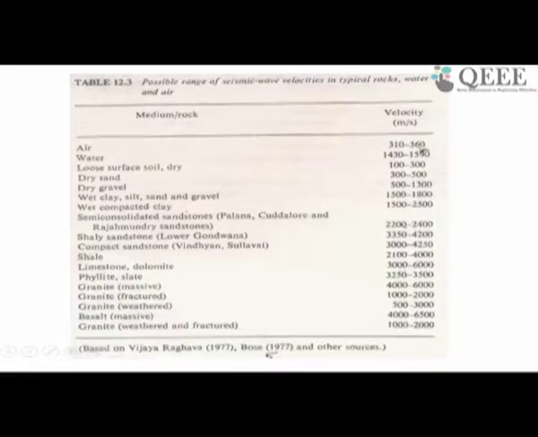For air it varies from 300 to 360. For water it is 1400 to 1500, and for other materials like granite and basalt, you have 4000 to 5000 meters per second. So for different kinds of ground materials, you will have a different velocity of elastic wave.